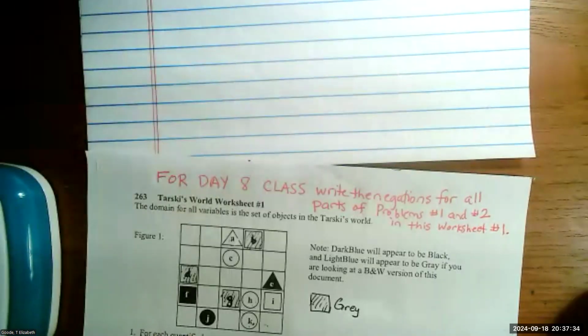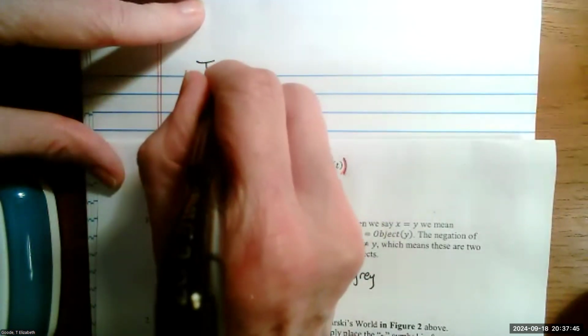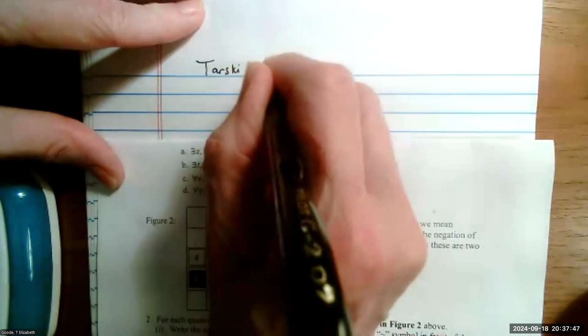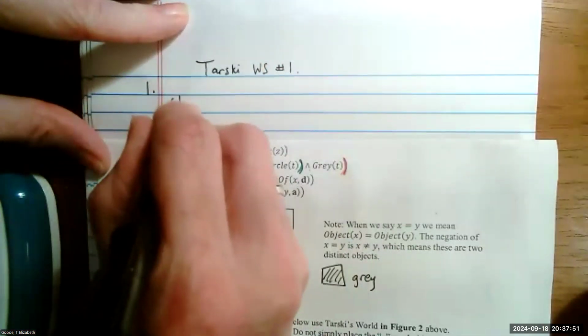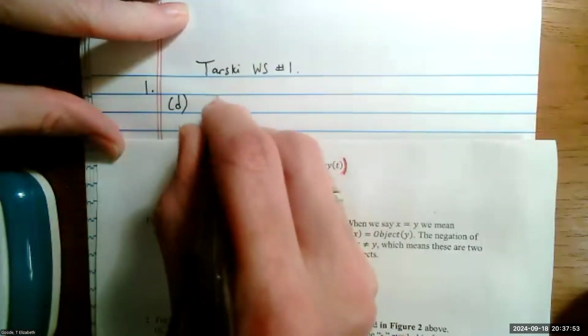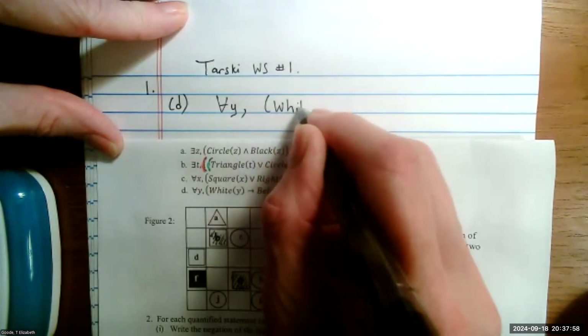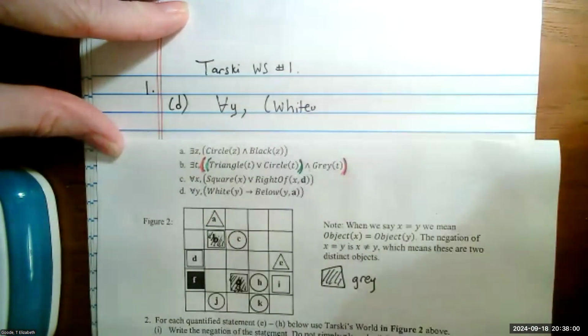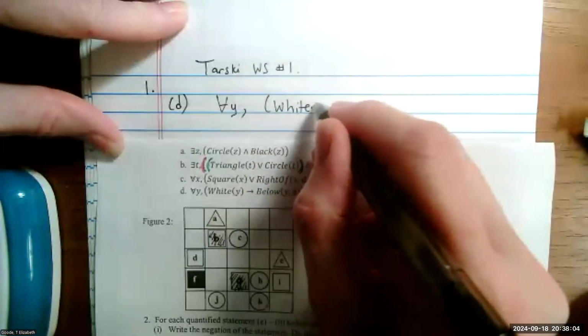Let's look at the next one. The next one is an if-then. This next statement is for all y, white y implies below YA.